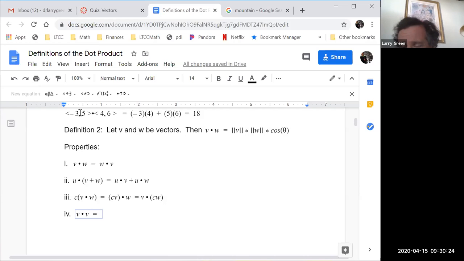Yeah, you got the idea, Eli, but it's the magnitude of V squared. And if we use definition 2, then that's the magnitude of V times the magnitude of V. Well, the angle between V and V is just 0. Cosine of 0 is 1. So that's just the magnitude of V squared. Any questions on that property?